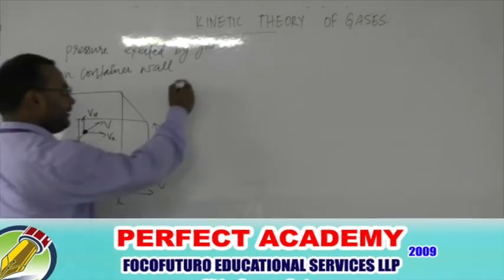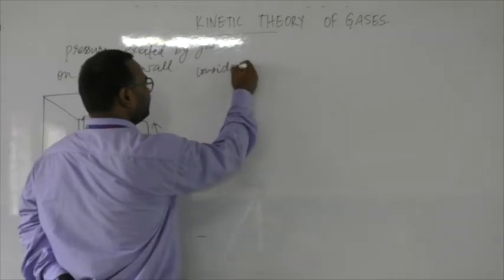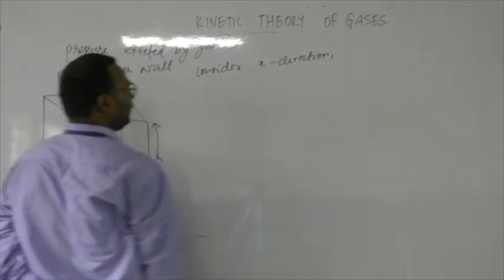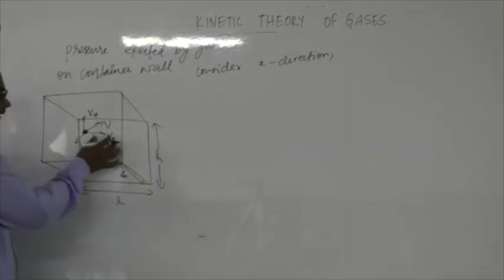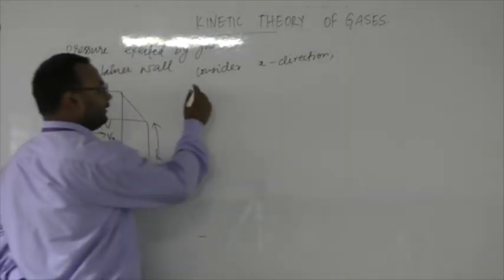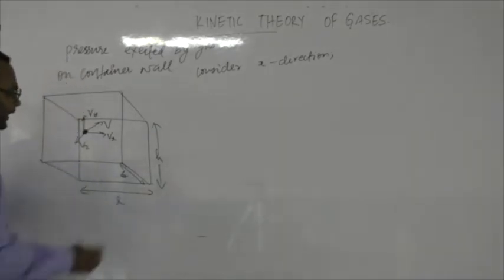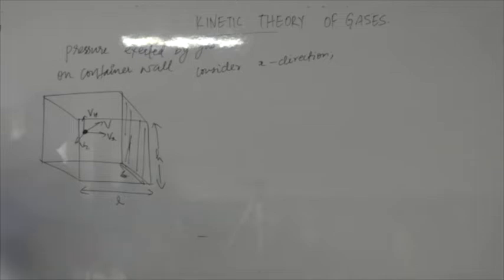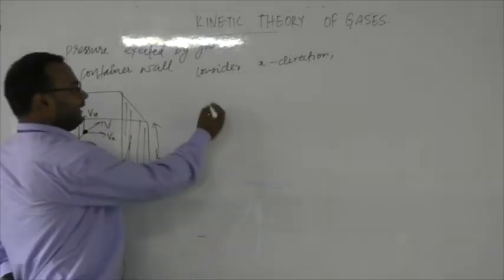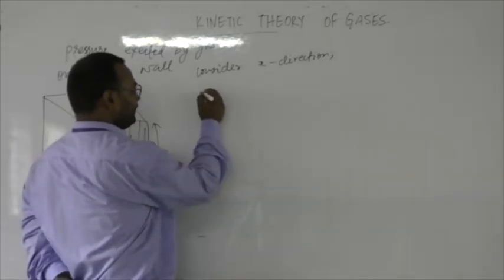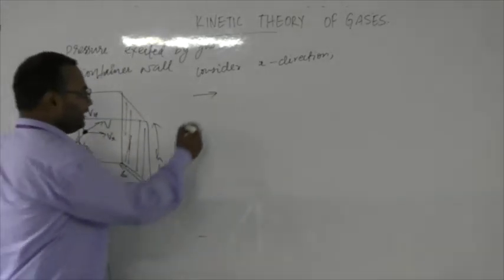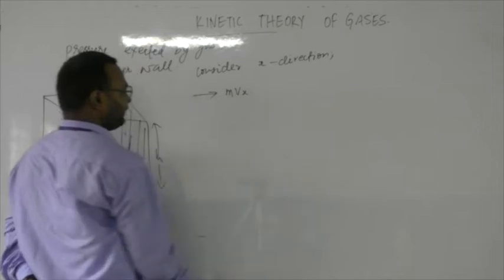Now, if I consider only the x direction, then it has Vx speed. So this part of area, B into H area, this molecule is going to strike. So we write first the momentum to strike this wall is mVx.